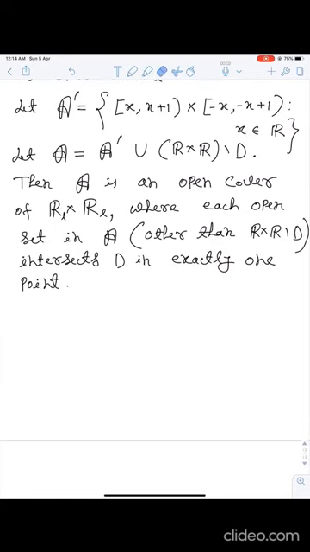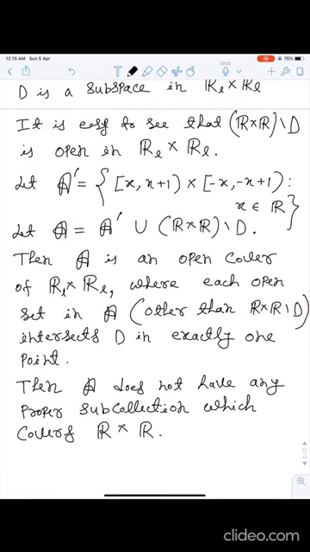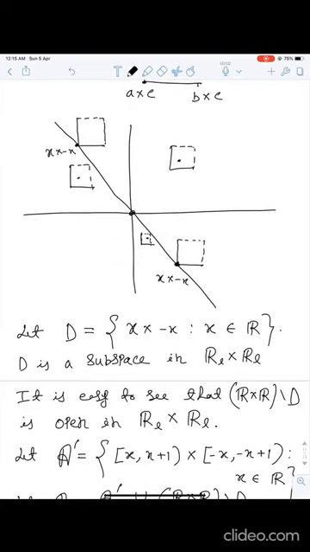Then A does not have any proper subcollection which covers R cross R, because one element of A is the complement of this diagonal, and every other element intersects the diagonal in exactly one point.